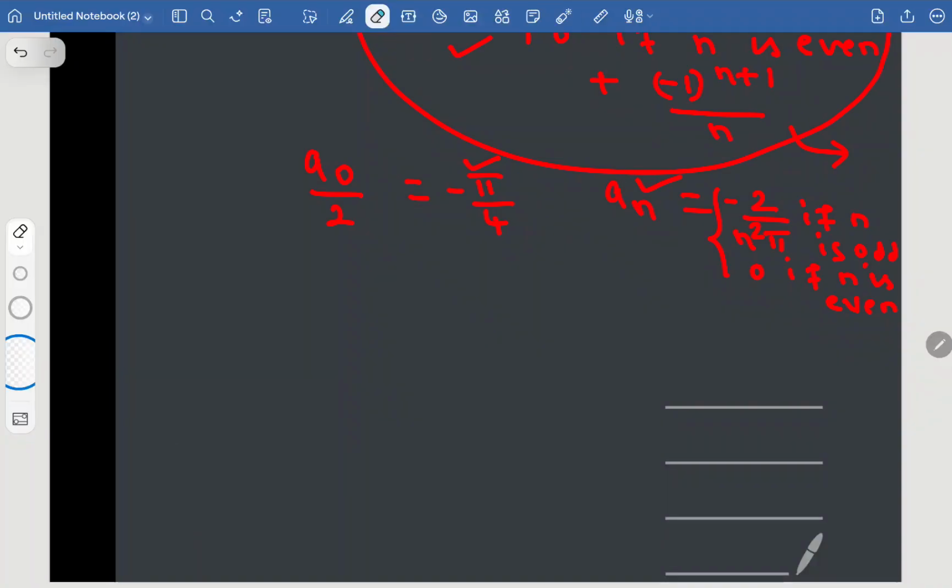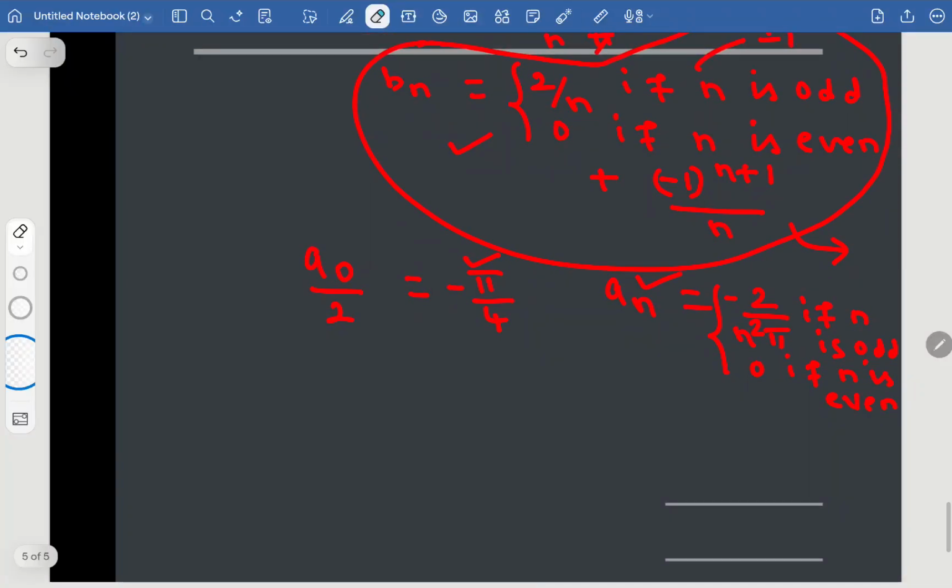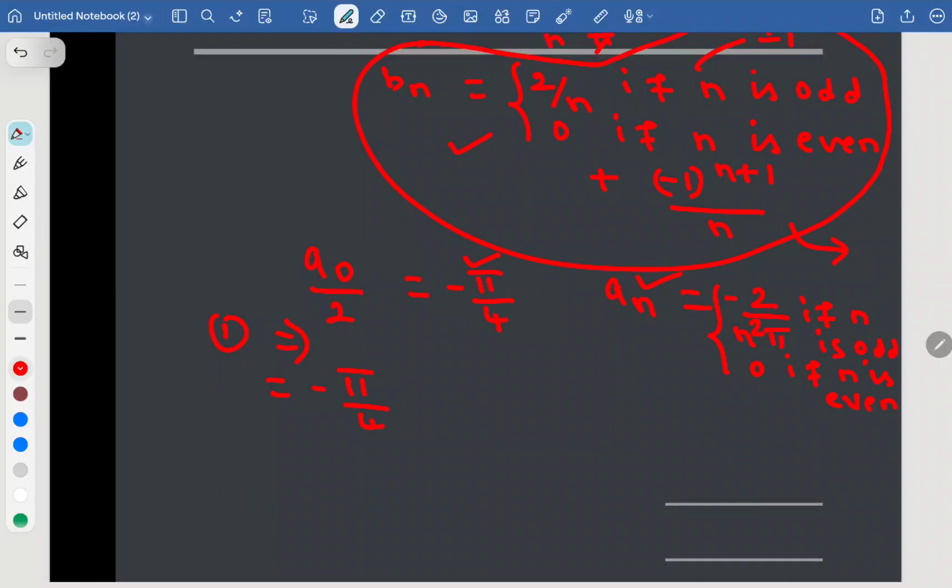Now substitute all these things in 1. 1 implies f of x equals a naught by 2 minus pi by 4 plus summation. See, in an, if n is even, 0.